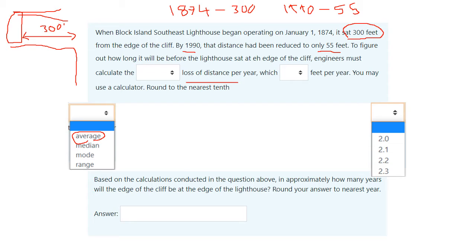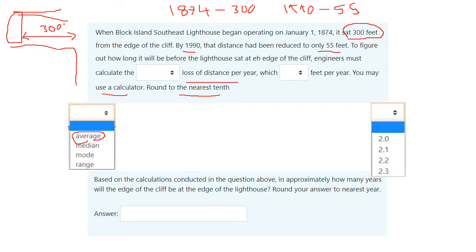If you know the median, that doesn't help you. The mode, well, there is no mode. We don't have enough data to work out the mode. And the range will tell us the difference between 1874 and 1990, but that won't help us to know the future when it will collapse. So, how many feet per year has it been losing? We can use a calculator, and we do need to round to the nearest tenth.